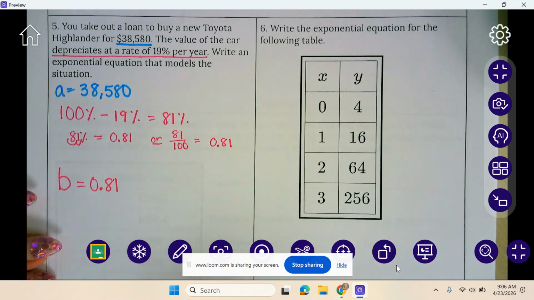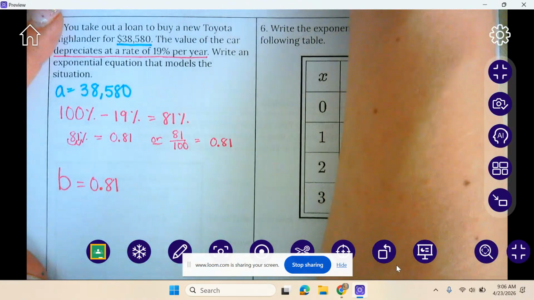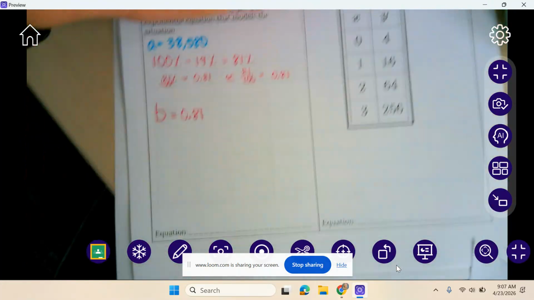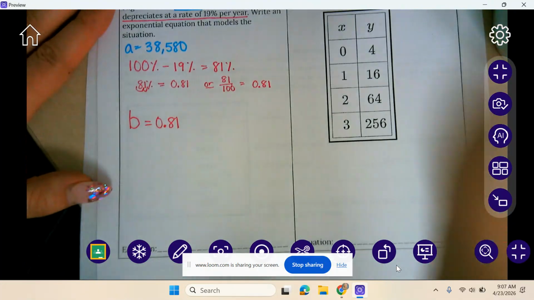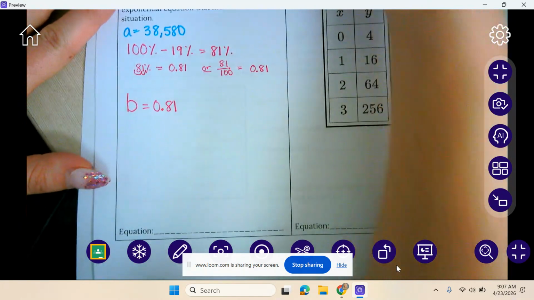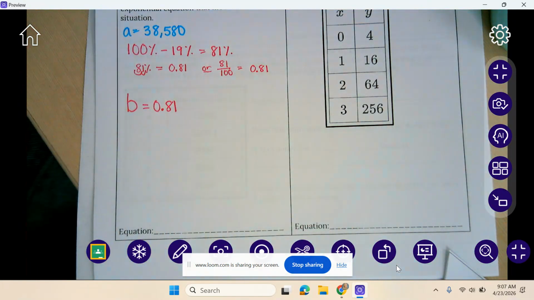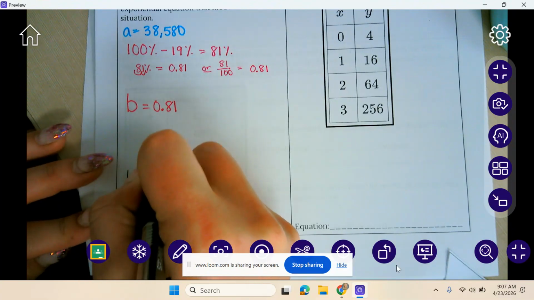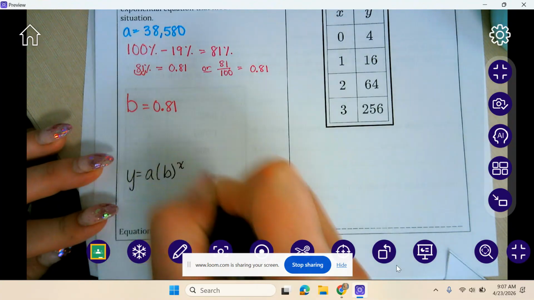So B equals 0.81. Okay, I'm just going to scoot down to where it says equation. Let me zoom out a little bit. Our equation is going to use just our parent function, y equals a times b to the power of x.